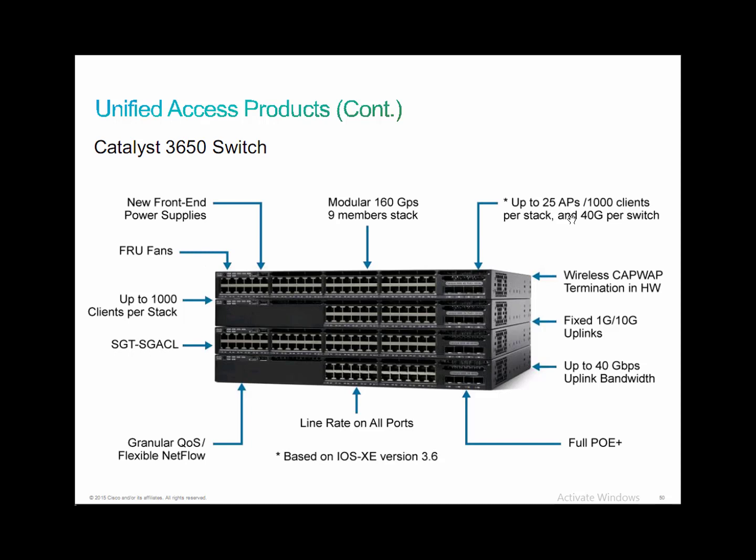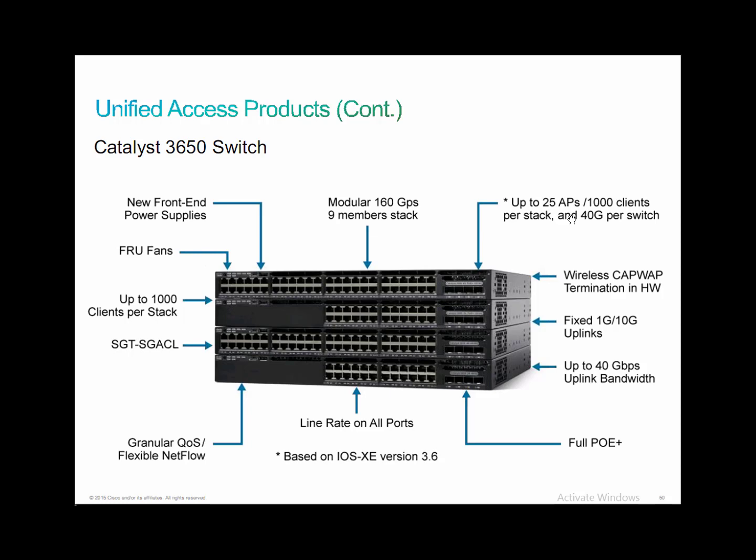Lots of different uplinks, 4 by gig, 2 by 10 gig, and some models 4 by 10 gig as well. The stack itself doesn't go up to 480 gigabits a second, but it does do up to 160 gigabits a second of stack throughput, and redundant power supplies, modular fans. Again, 802.3at power over Ethernet support, PoE Plus, 30 watts of power, IPv4 and IPv6, and so on.